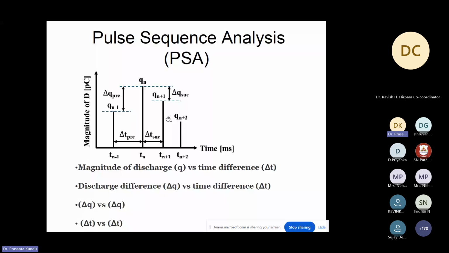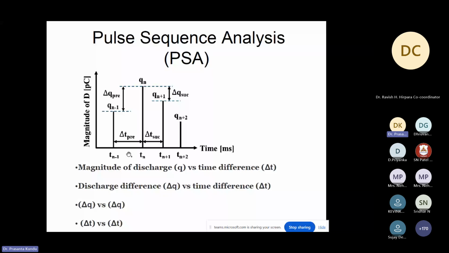In all cases we check two pulses. The time won't be the same in all cases, and the magnitude also won't be the same. Qn minus 1, Qn plus 1, Qn plus 2 won't be the same. Similarly, the time gaps won't be the same.